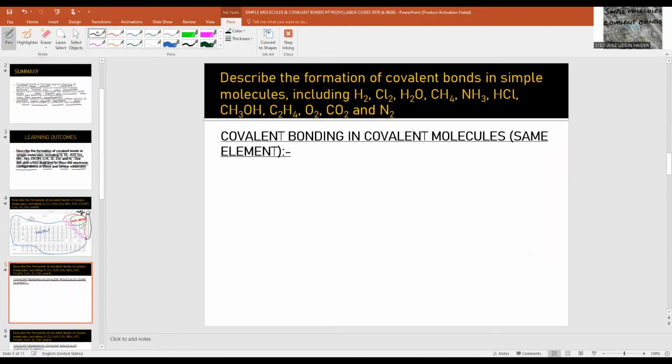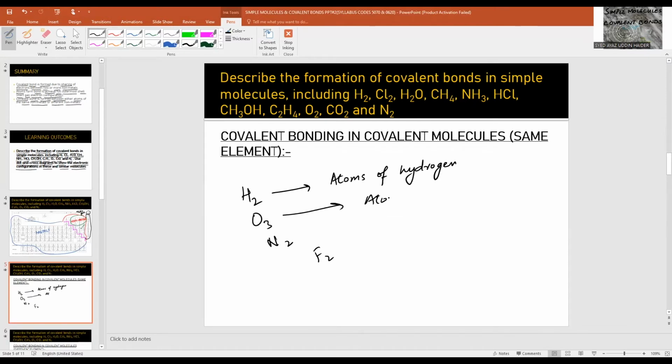These are some examples of covalent bonds or covalent molecules formed from atoms of the same element. I gave you some examples in the last video. H2, O2, N2, F2, etc. You see, they all have atoms of the same element. Those are atoms of hydrogen, and in this one you have atoms of oxygen.